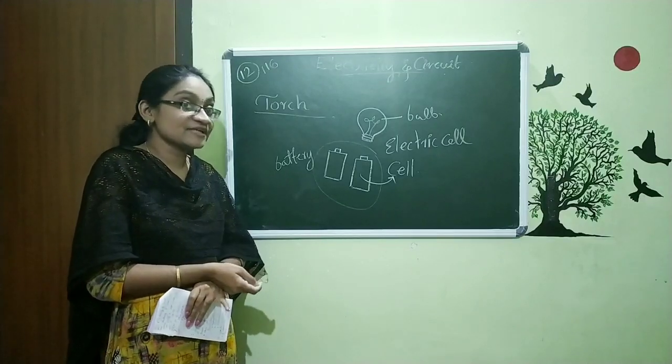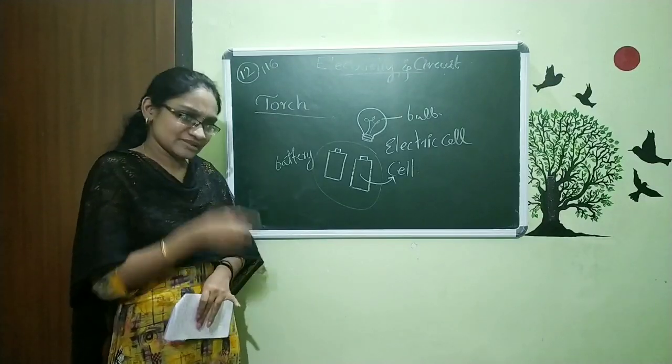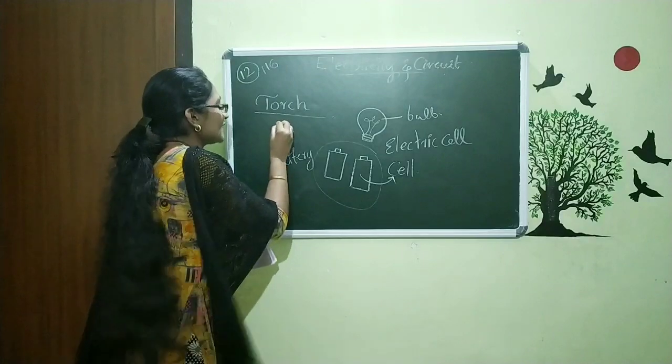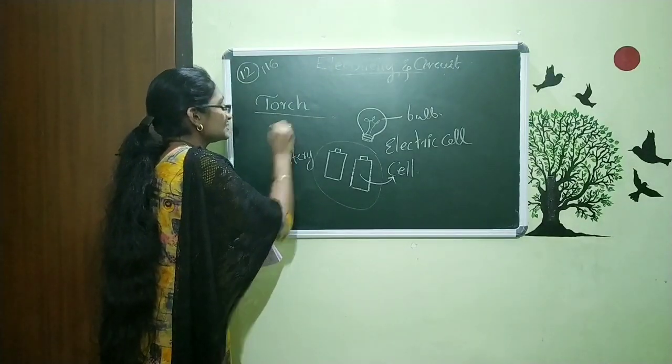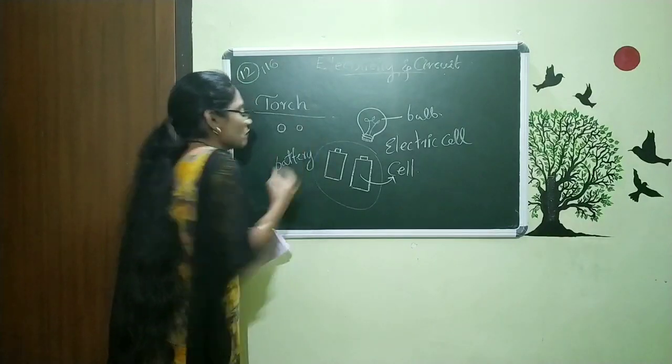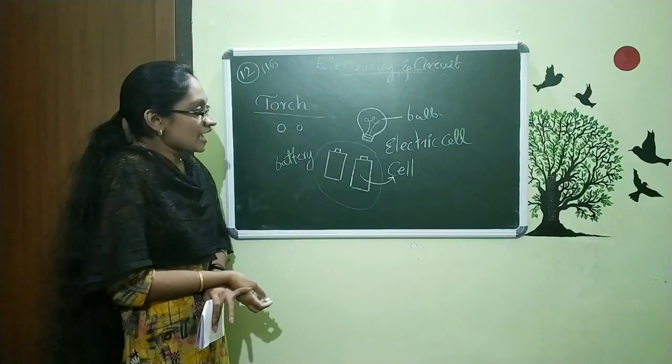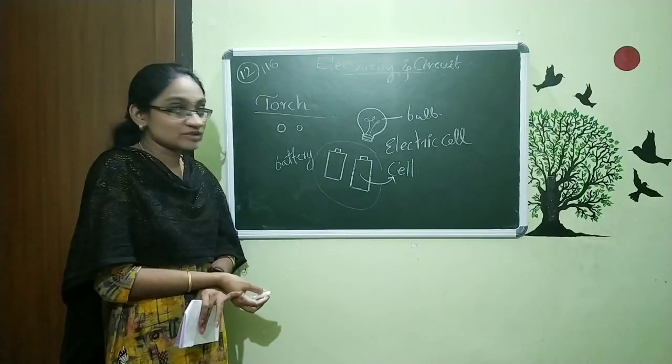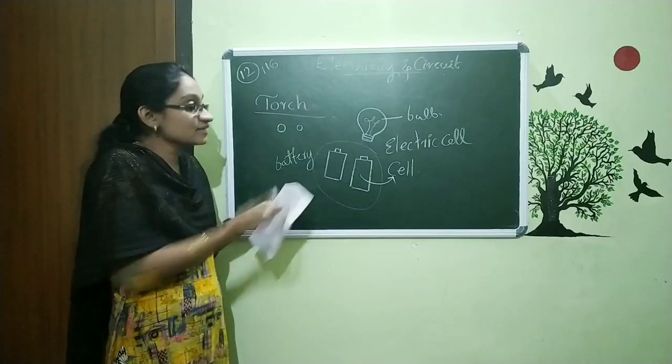We can see cells of different sizes. Some are very small button cells. These you can see in calculators, and for the watch it is a very small cell. And for the radio it is bigger than all of these.